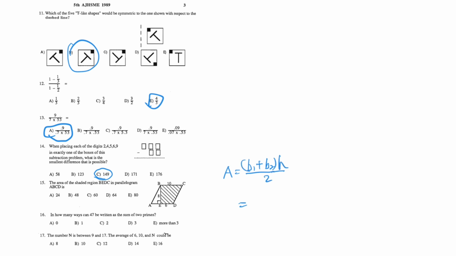In this problem, base 1, we use the 10, base 2, that's the 6. The height is the 8 divided by 2. So that's the 16 times, cancel 2, that's the 4, times 4, that's the 64. Therefore, the answer is D.